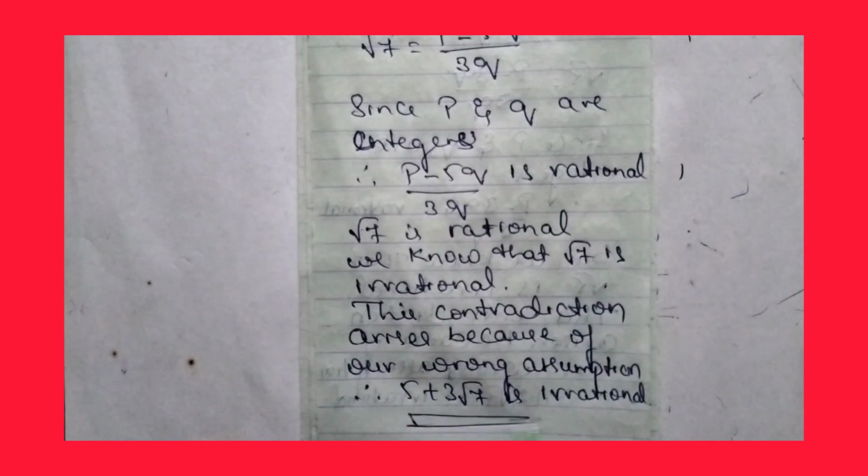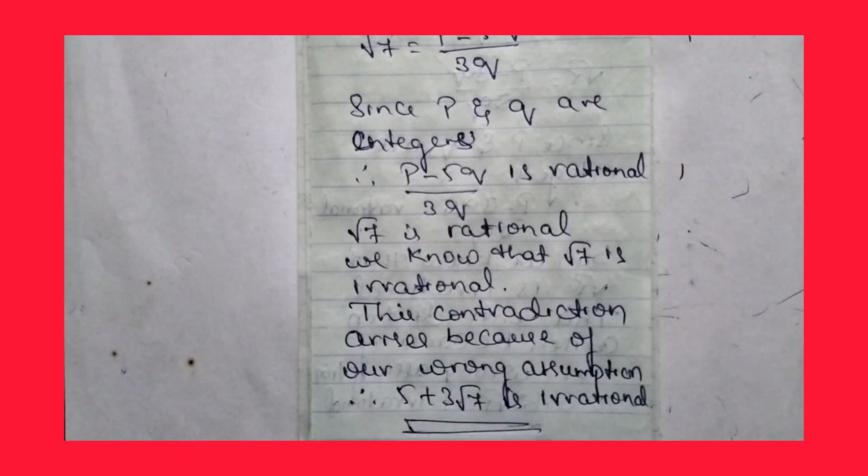So like this we have to prove that 5 plus 3 root 7 is irrational. So let us move for the next question.